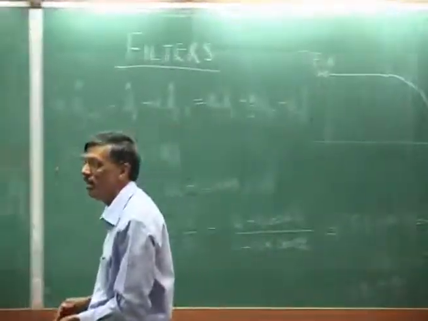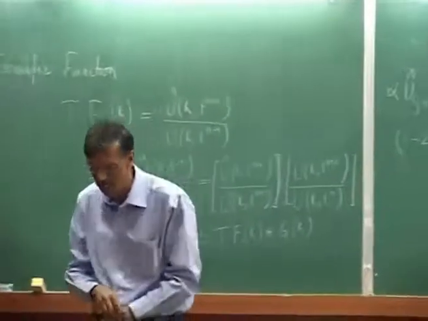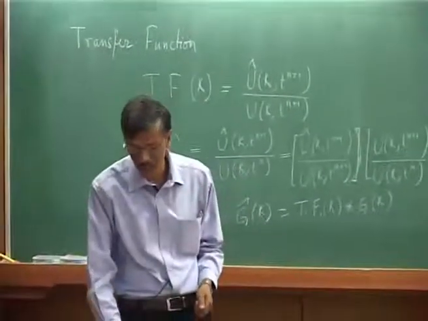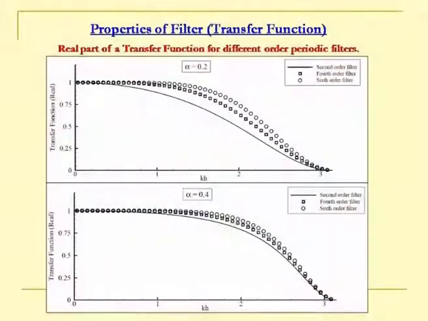And that is distinctly possible for any order filter that you do, and this is a result that you are seeing here. Look at the solid line for a moment. We are focusing upon second order filter. Those are given by the solid lines, and these are the two values of the filter transfer function for alpha equal to 0.2 and alpha equal to 0.4.